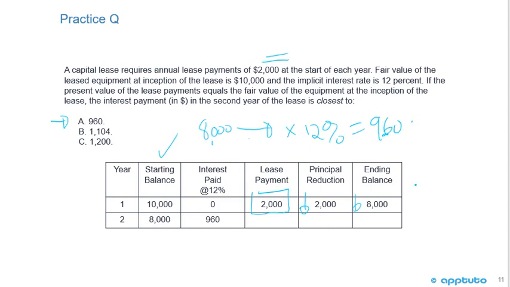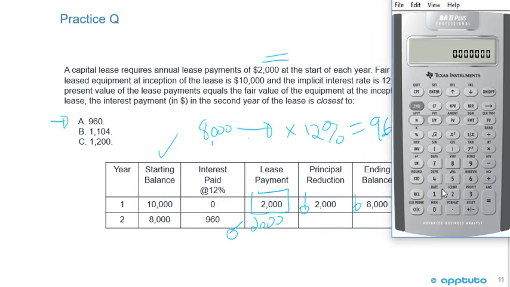So that's going to be an interest payable, interest expense in the first year, but with regards to the cash flow, when I pay that $2,000, $960 is going to be for my interest expense. That's the interest payable, and the rest will go against the principal.